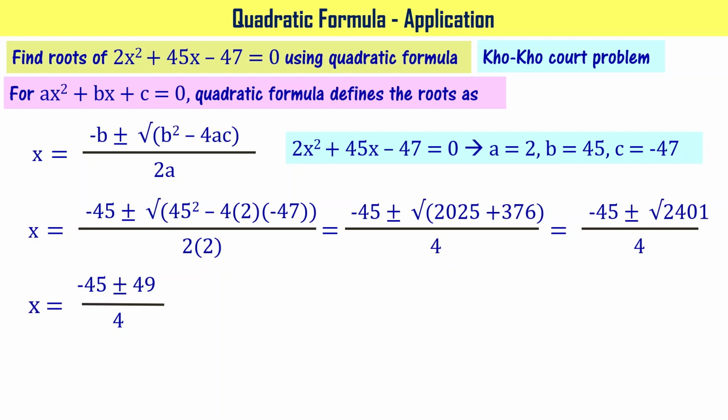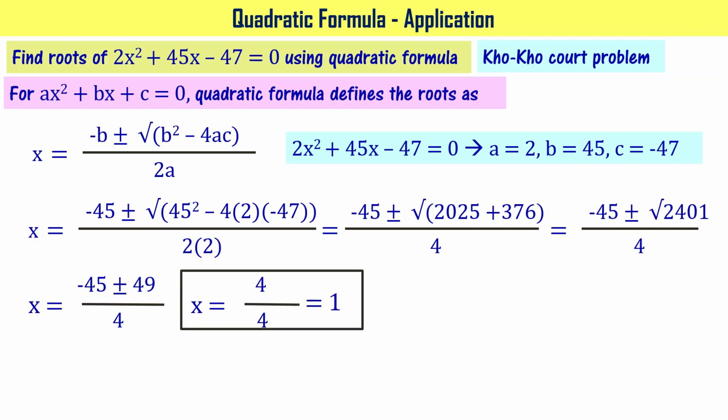If I take plus 49, then it becomes x equal to 4 by 4, that is equal to 1. This is one of the roots. And if I take minus 49, then it becomes x equal to minus 94 divided by 4, that is equal to minus 23.5, right? This is another root.